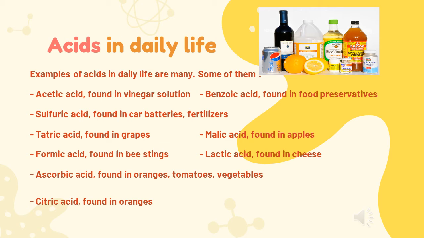Some of them are acetic acid found in vinegar solution, ascorbic acid found in orange, tomatoes, or vegetables, and then citric acid found in orange, and then sulfuric acid found in carbohydrates or fertilizer, and tartaric acid found in grapes, and then malic acid found in apples, formic acid found in bee stings, lactic acid found in cheese, benzoic acid found in food preservative, and so on.